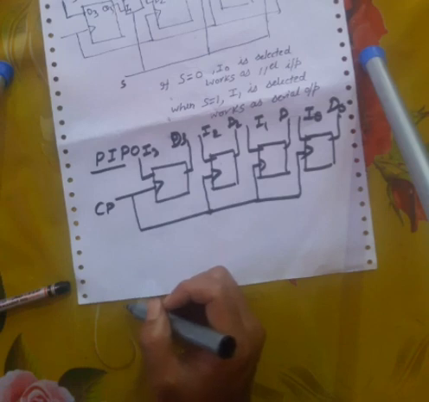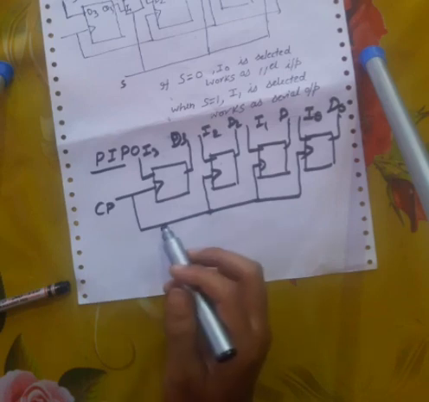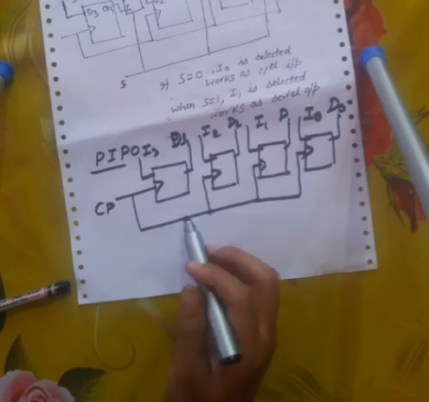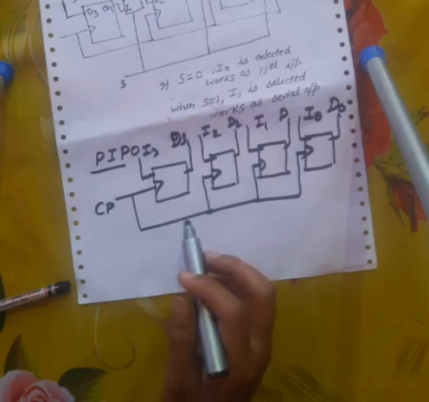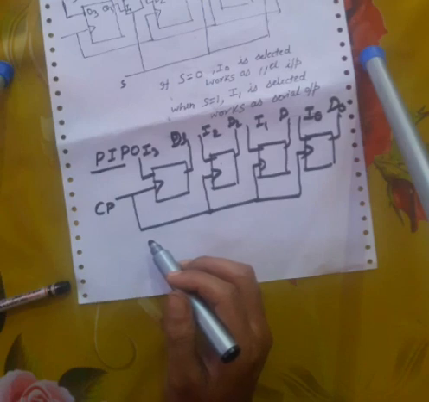Why is it called shift? Because data is shifting. Serial in serial out, serial in parallel out, parallel in serial out are also called shift registers. In this we are getting output just after one clock pulse. So it is the fastest, and the parallel in parallel out register is used to store temporary data in a microprocessor, because we need fast speed.